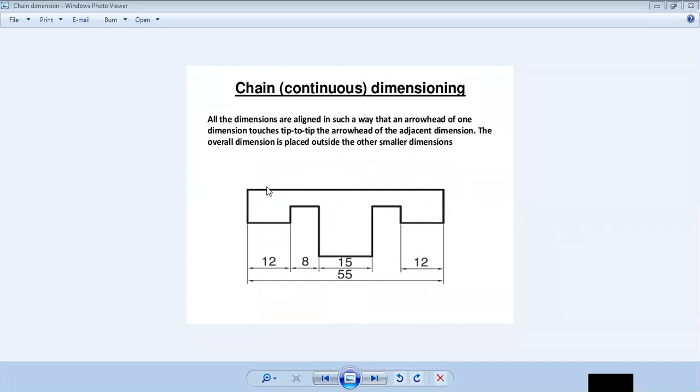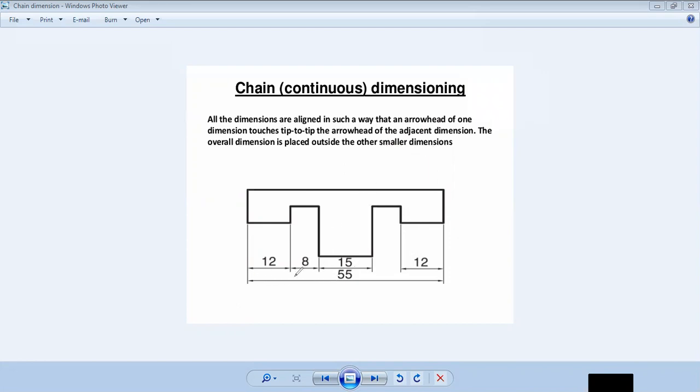So if this is the object, pay attention here. What is written? All the dimensions are aligned in such a way that the arrowhead of one dimension touches tip to tip with another, like this. The overall dimension is placed outside the other small dimensions.